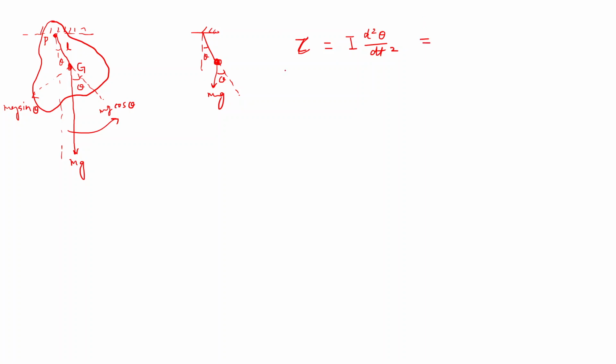This restoring force will be mg sin theta. When theta is very small, we can consider sin theta to be theta. And in this triangle, sin theta is perpendicular by hypotenuse, so it will be given by x by L.